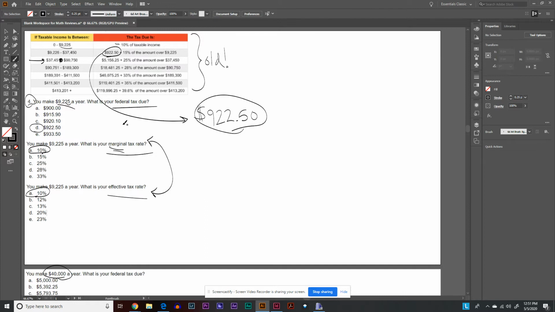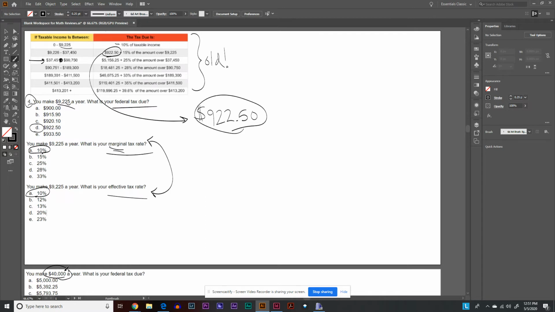Now, the reason that makes the marginal tax rate and the effective tax rate different is because the marginal tax rate is just what tax bracket are you in? Are you in the 10%, the 15%, the 25, the 28, and so on? The effective tax rate is what percent of your taxable income, or actually of your income as a whole, you actually pay in taxes, right?